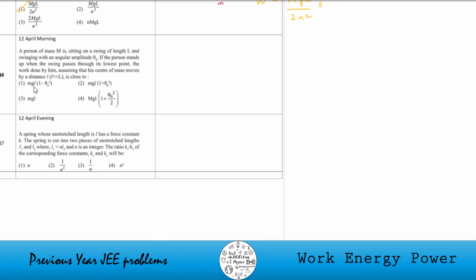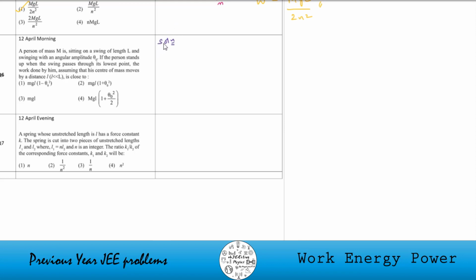See, first option MgL into 1 minus theta naught square, second option MgL into 1 plus theta naught square, third option MgL, fourth option MgL into 1 plus theta naught square by 2. See here solution for this question.